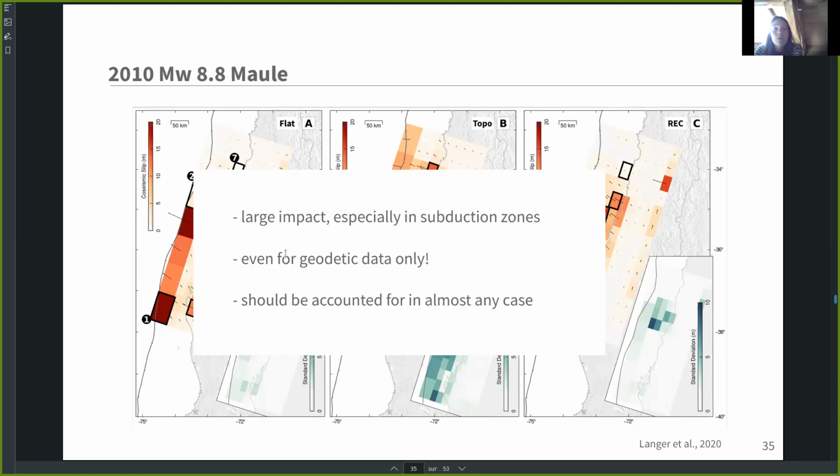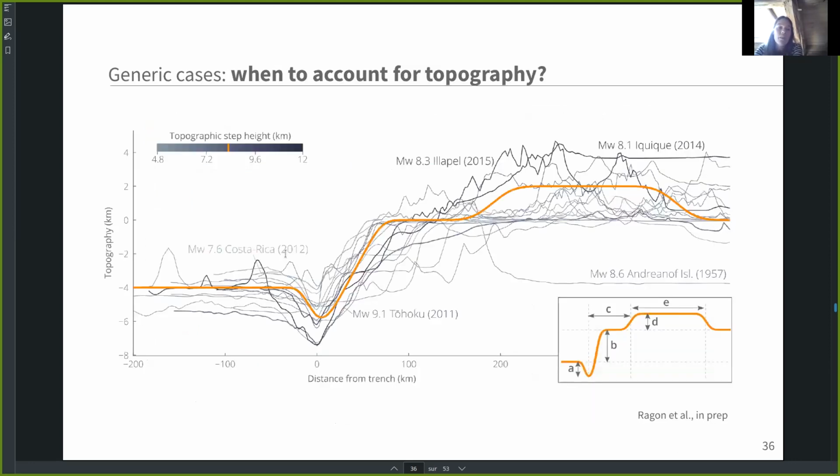The issue with this study was that, as I said, we only studied two events, and that's very hard to draw more generic conclusions about topography from these two events only. So what we decided to do now is to investigate more generic cases to find if there are specific geomorphic features that tell us we need to account for topography or else encounter very large biases in our slip models.